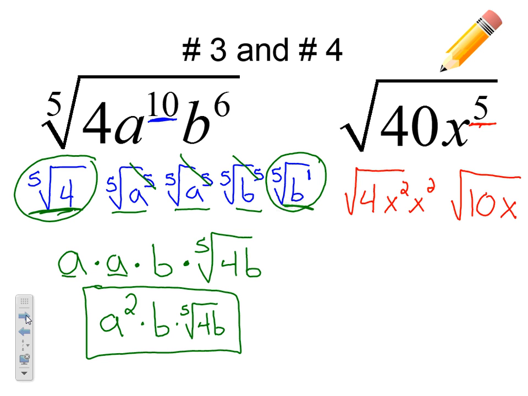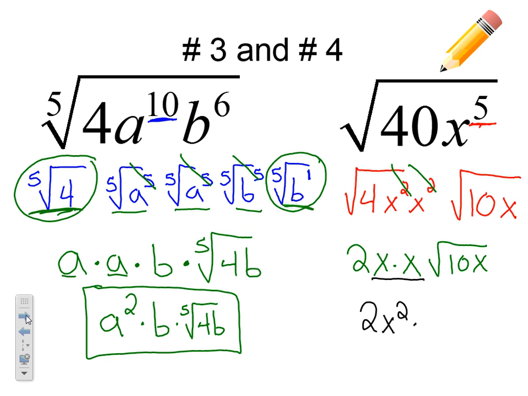When I go through and simplify this, the square root of 4 is 2. These will cancel out, so I get x squared times the square root of 10x. And now I can combine these 2. So I get 2x squared times the square root of 10x. And that is going to be our answer, ladies and gentlemen.